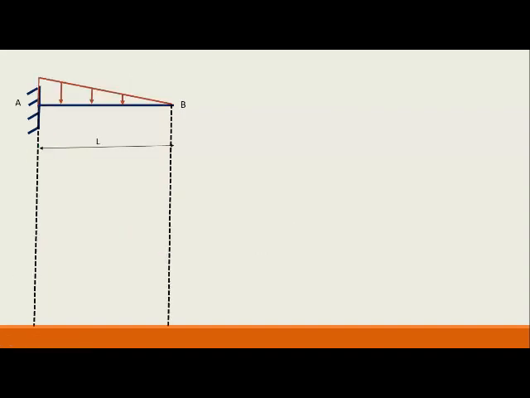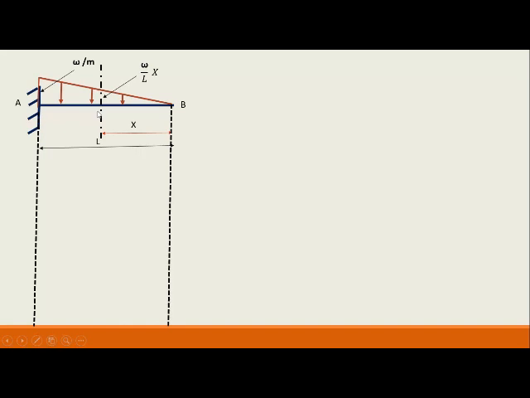Now let us consider a UVL. So it is having a triangular load, UVL, which is omega per meter at the fixed support, starting from 0 at the free end. So again let us consider a section at a distance of x. Similarly, we have to calculate the ordinate value at a distance of x.